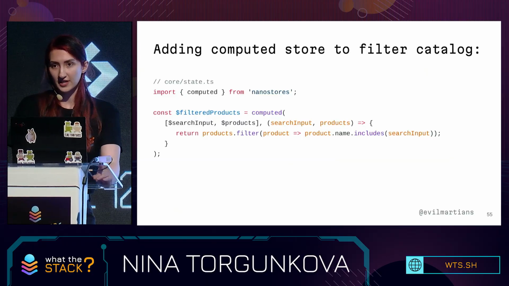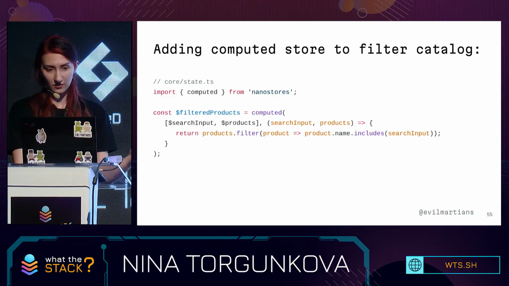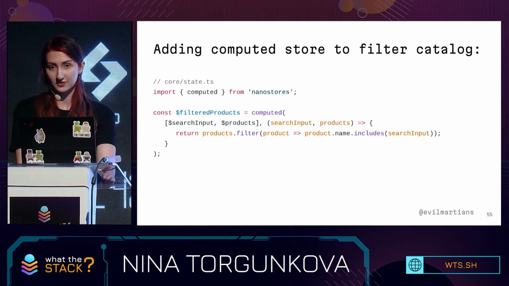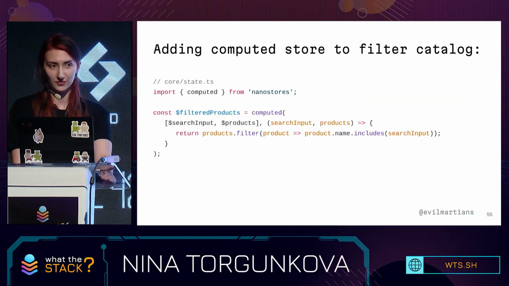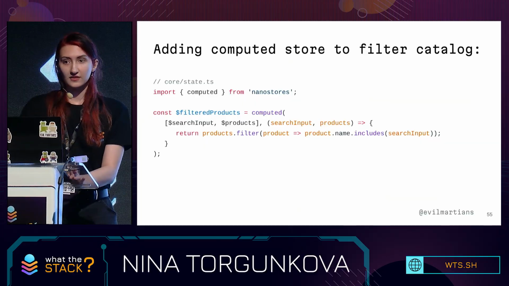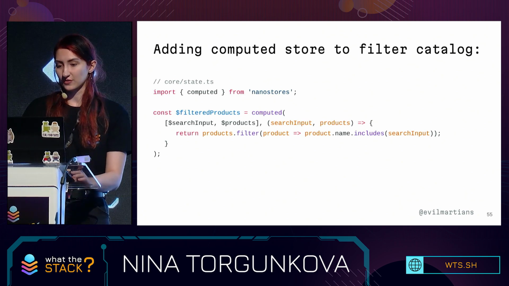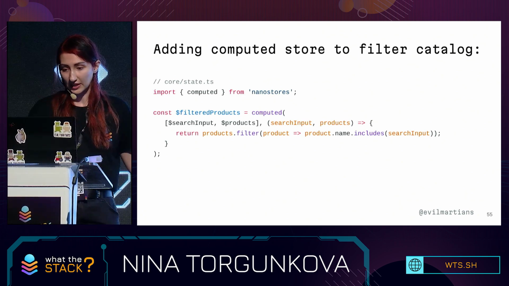First is an array of stores that our store will depend on. And the second argument is a callback function, which is invoked every time the value in either of the stores changes. So here, when a value inside the search input changes, we just filter the list of our products based on their name.